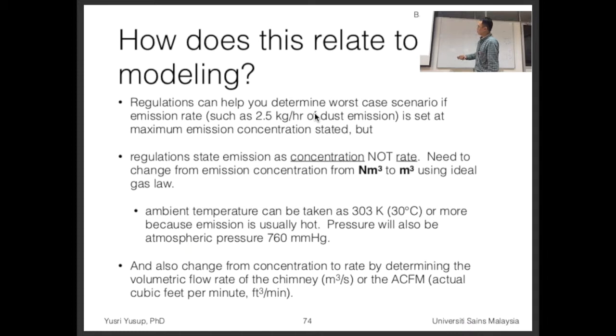So the important point here is that we cannot use that concentration from the standard. We need to use the rate. If you want to use the rate, we need to have some form of velocity. So we need to get the volumetric flow rate of the chimney in meter cube per second, or the ACFM, the actual cubic feet per minute, so that we can convert the concentration to rate.